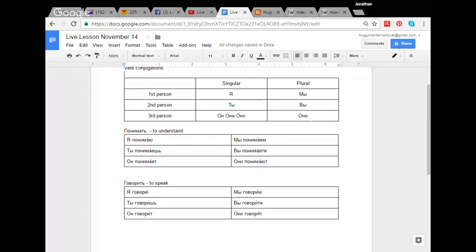But in the present tense, you don't have those changes based on gender, except for, what else would you say here? In terms of using ты and вы, I think ты is more for friends and people you're familiar with that are around your age, and вы would be more formal. And you would also use вы if you're talking to a group of people. Yes, it's the same word, but it has different meanings.